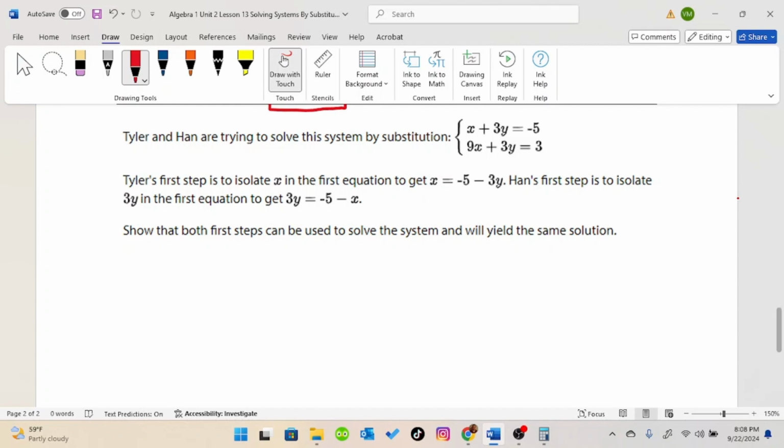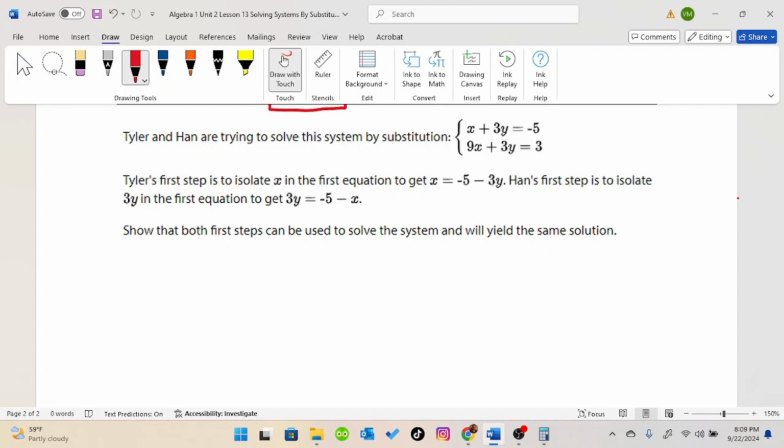Our last practice problem for lesson 13 says Tyler and Han are trying to solve this system by substitution. x plus 3y equals negative 5, and 9x plus 3y equals 3.